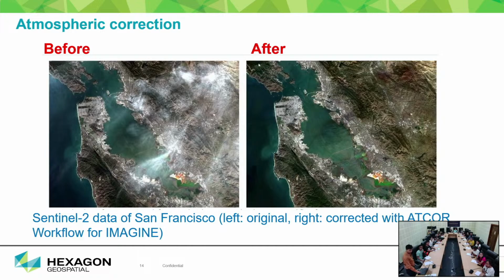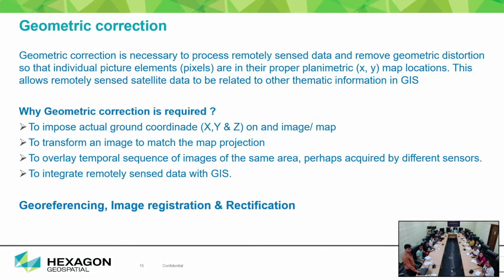Now I am coming to one of the important things, that is geometric correction. Geometric correction means the data should be geometrically corrected. Geometrically corrected means the image has the map data.